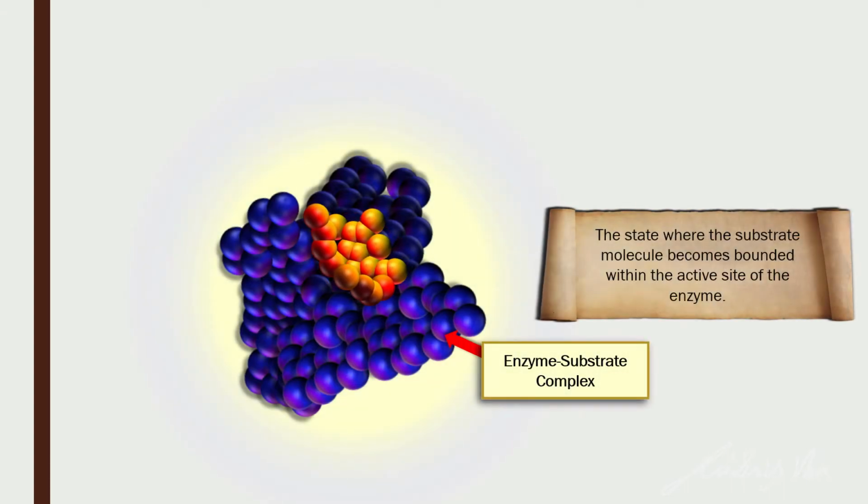When the substrate binds to an enzyme, it forms an enzyme-substrate complex. And when an enzyme-substrate complex is formed, it will lower the activation energy for the chemical reaction to take place, because the enzyme will affect the bonds within the molecules, either weakening or strengthening them. Therefore, it will require less energy for the reaction to take place.